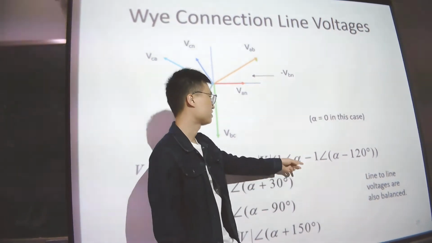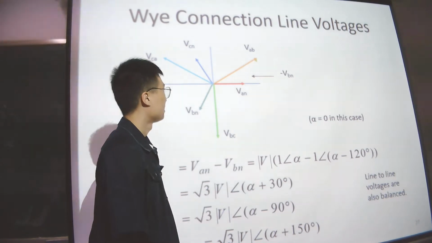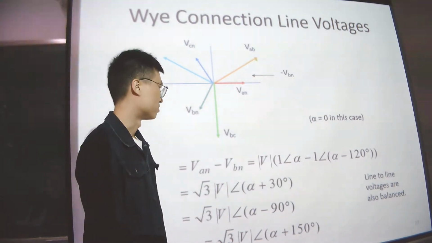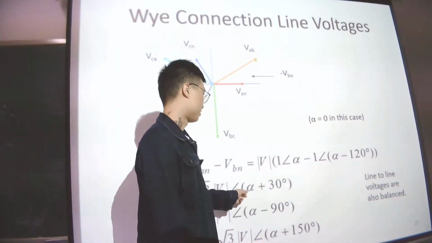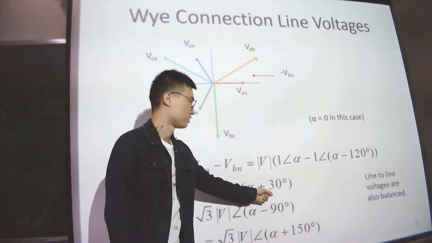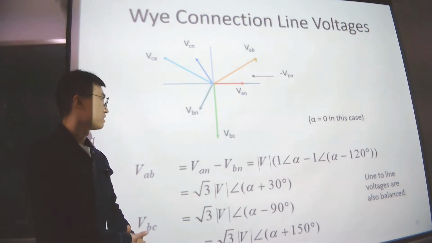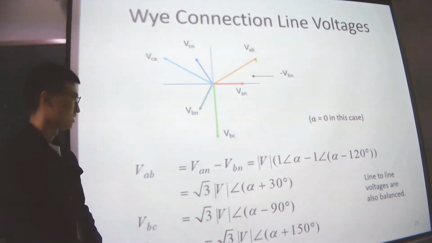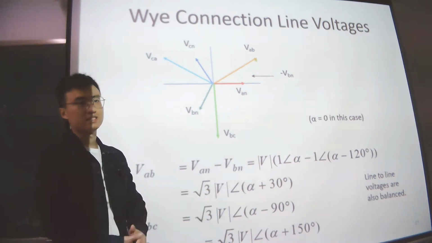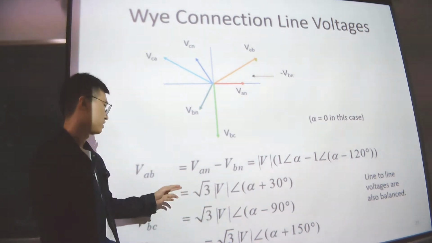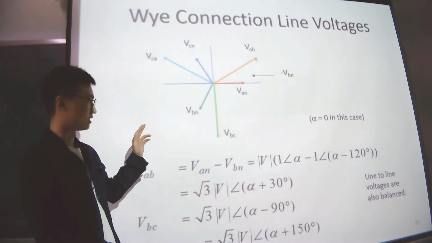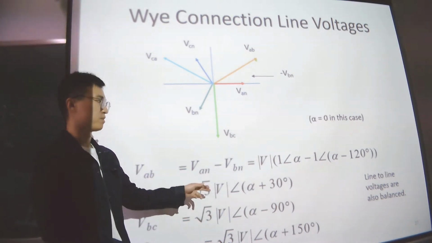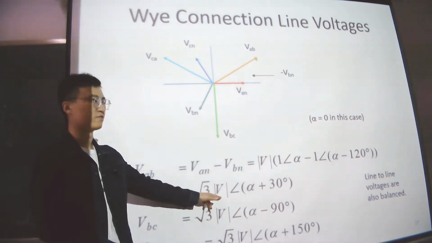Okay, so here we assume that A is at a specific angle. In the absolute value, or the magnitude of the voltage, the line voltage is square root of 3 multiplied by the phase voltage.